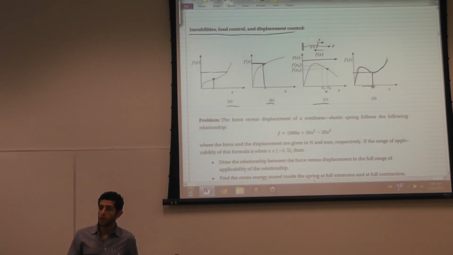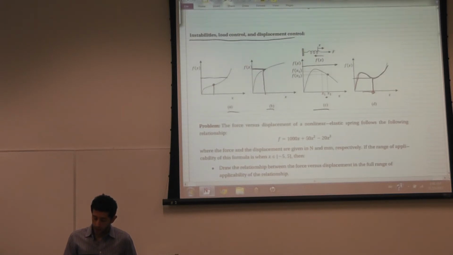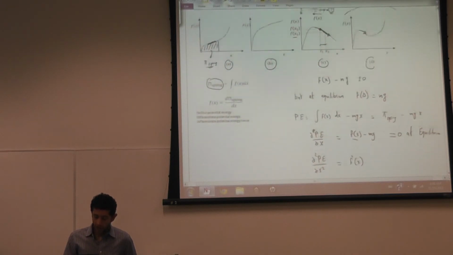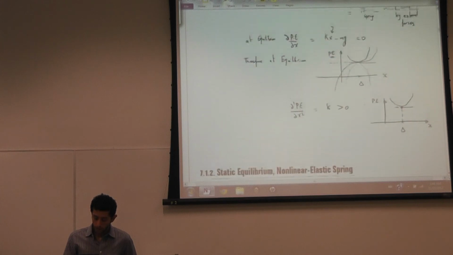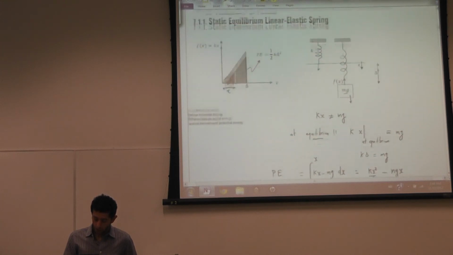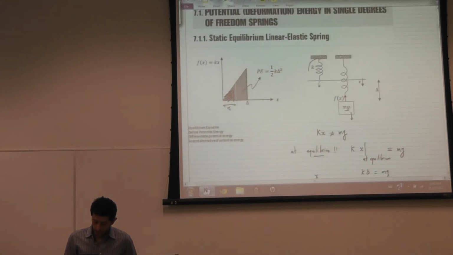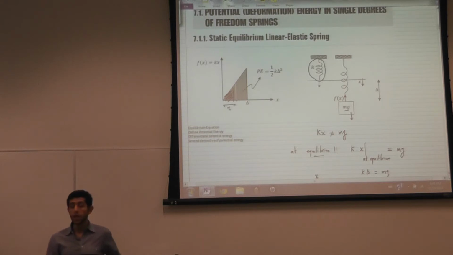Everything that we talked about applies to whatever constitutive law I need for the material, because this is analogous to an object that's deforming. K is analogous to the stiffness of the material.